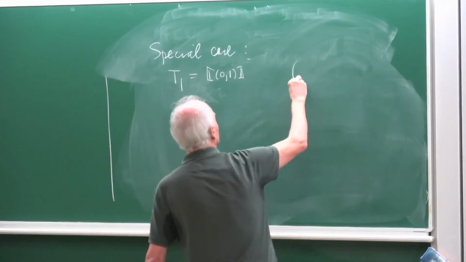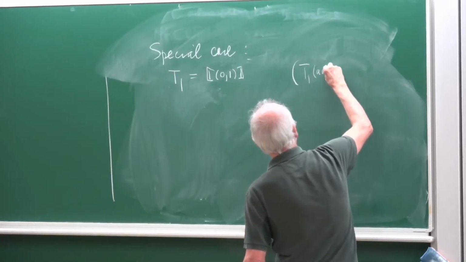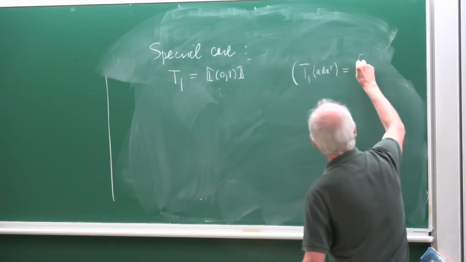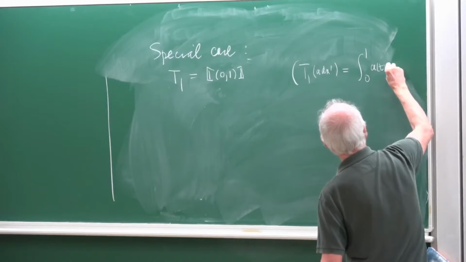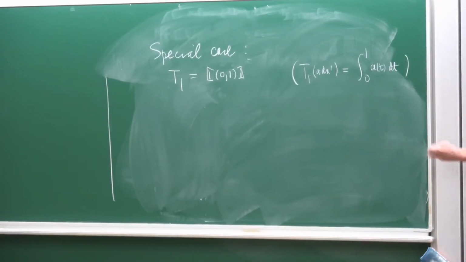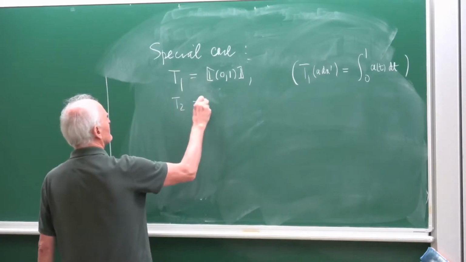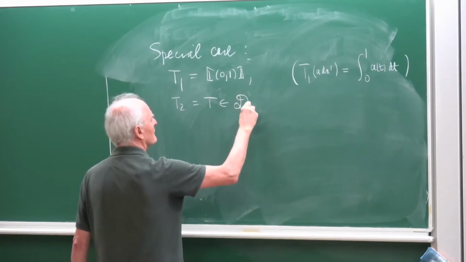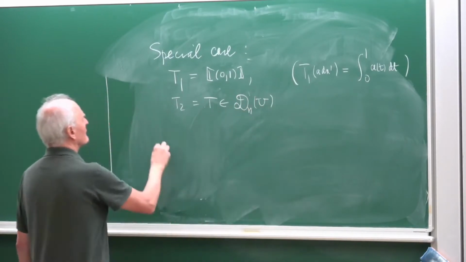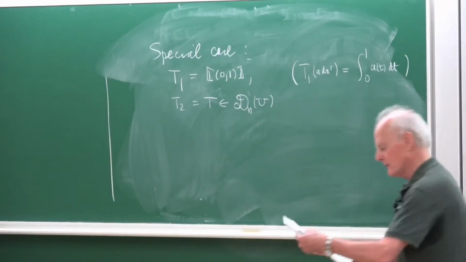Remember, that just means that T1 of A dx1 is just equal to the integral from 0 to 1 of A(t) dt, or A(x1) dx1, if you like, call it whatever you like. So if T1 is that and T2 is some other T in D_nu, then you can take the special case of the Cartesian product of those.